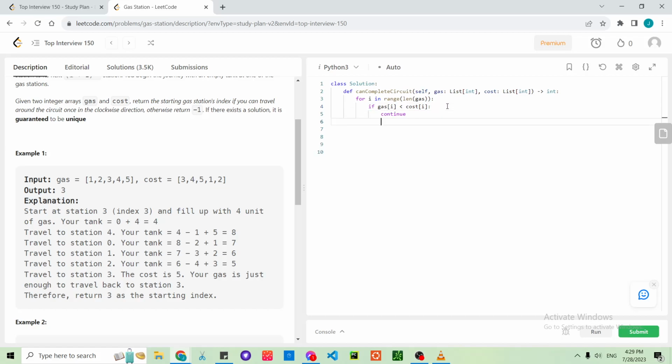We could just continue, skip. If it's at least the same, then we know at least we can get to the next one. We need a variable that's basically the amount of gas that we have. So let's start with 0. Empty tank.